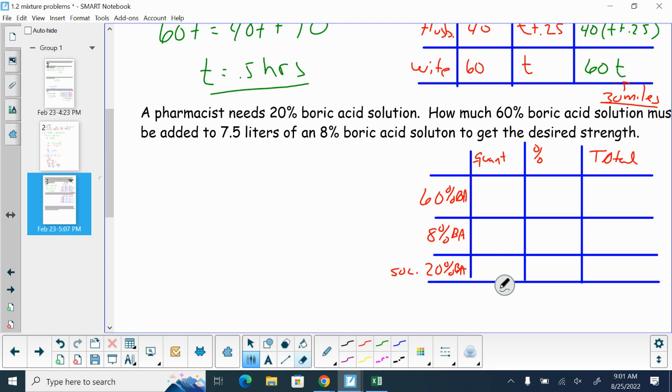We have quantity, we have percent, and we have a total amount. Our percent for each one of these is what they give us here: 60%, 8%, and 20%.